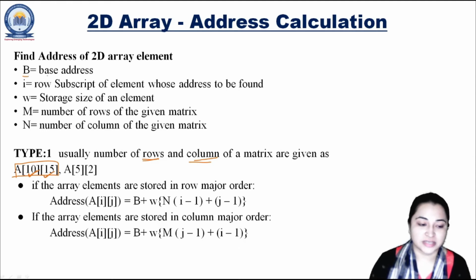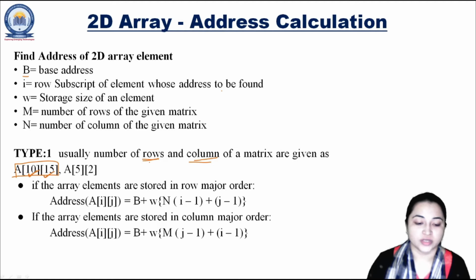Let us see the notations to calculate the address of a 2D array element. B represents the base address. I represents the row subscript of the element whose address we want to find. W is the storage size, M is the total number of rows of the given matrix, and N is the total number of columns. If the array elements are stored in row major order, then the equation to find the address of the element at index I and j is base address plus size times N, where N is the number of columns, I is the row index and j is the column index.